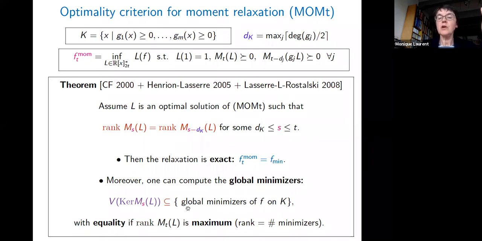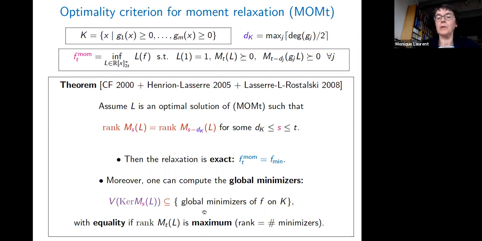In other words, the global minimizers are exactly the points in the variety of the kernel. And the point is that in the setting where we are, there are well-defined linear algebraic methods to recover the points in the variety using the so-called eigenvalue method.